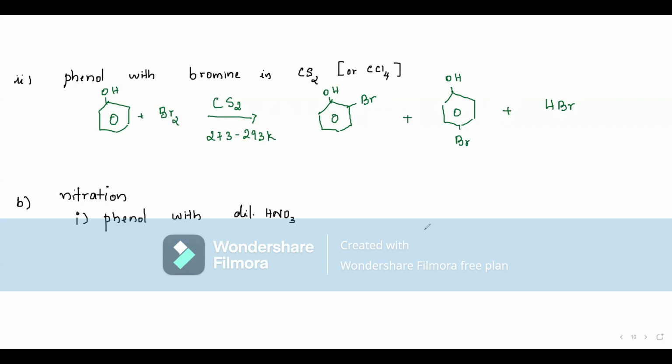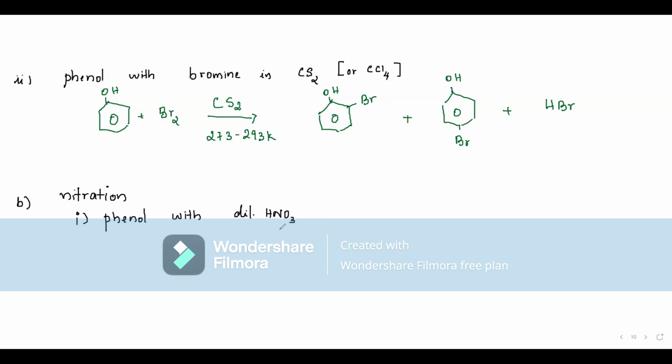Notice the difference in the reaction. Bromination with bromine water gives you a white precipitate, which is 2,4,6-tribromophenol, and bromination with bromine in CS2 gives you a mixture of orthobromophenol and parabromophenol. Then comes nitration. Nitration of phenol with dilute nitric acid.